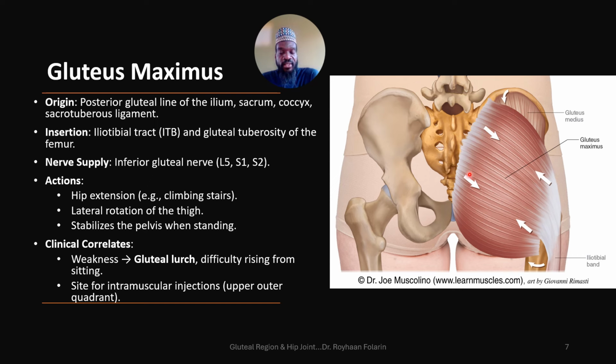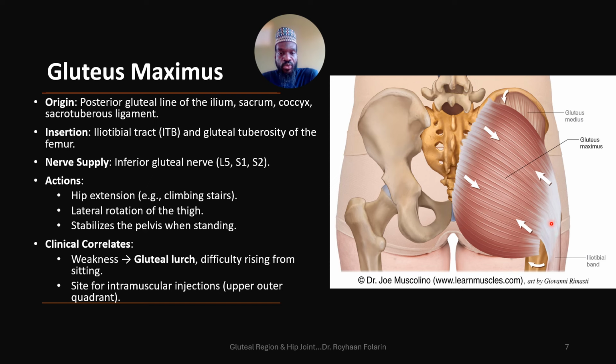And it also arises from this region of the sacrum and then the coccyx, as well as the sacrotuberous ligament. From this, the muscle goes in this direction to insert, as you can see here, on the ILT or ILB, iliotibial tract or iliotibial band, all right?